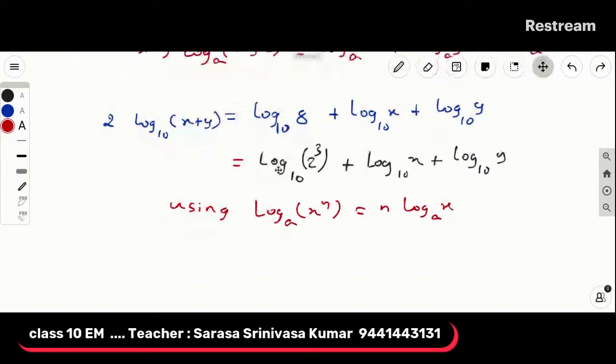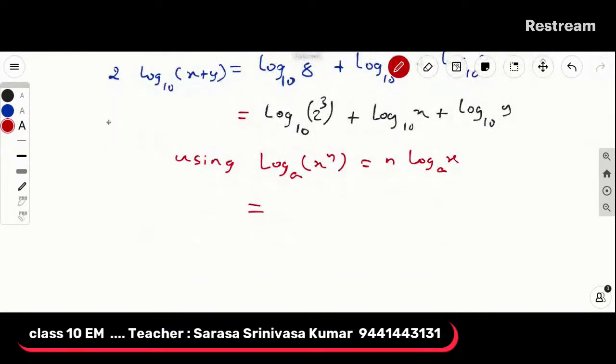So this can be written as 3 log 2 base 10 plus log x base 10 plus log y base 10. This is the right hand side.